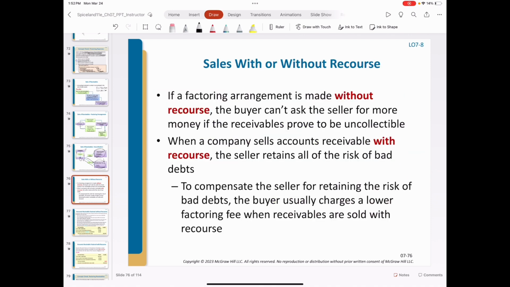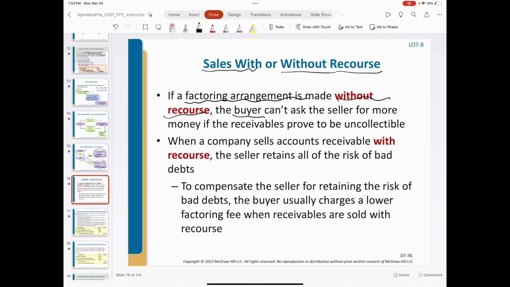For the sales of receivables, there are two scenarios. One is sales with recourse, the other is without recourse. So the major difference is if a factoring arrangement or sales of receivables is made without recourse, the buyer or the transferee cannot ask the seller, the transferor, for more money if the receivables prove to be uncollectible.